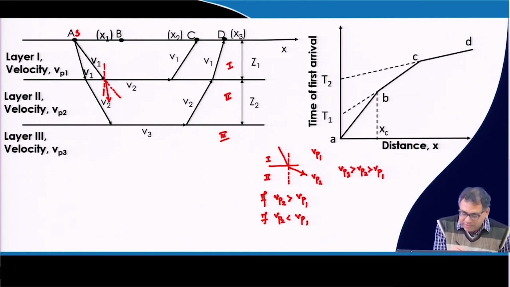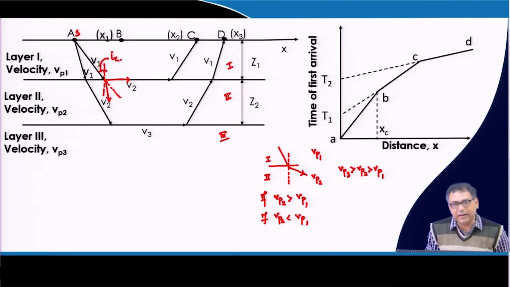As I am saying, there is a possibility that this ray will travel in this way, and this is only possible if this angle is the critical angle.